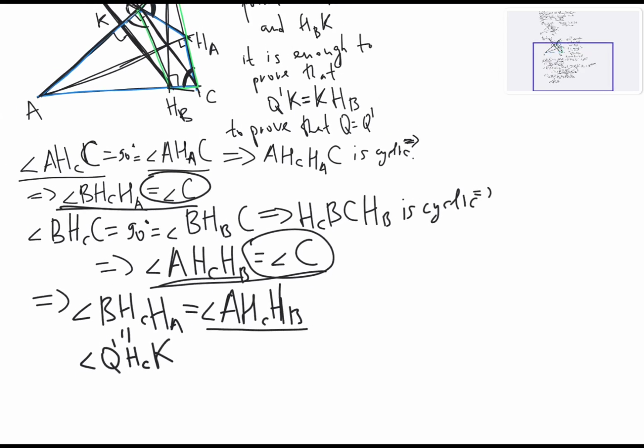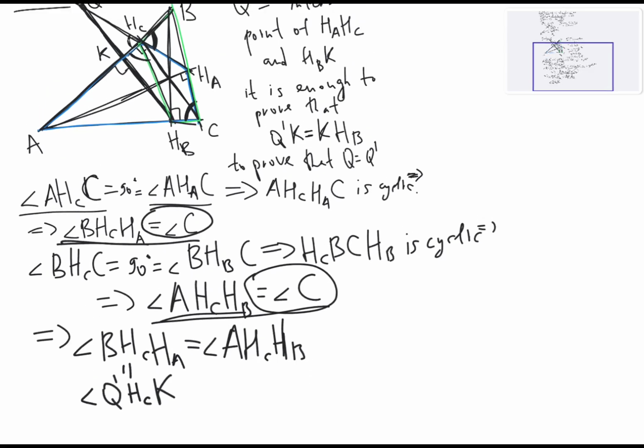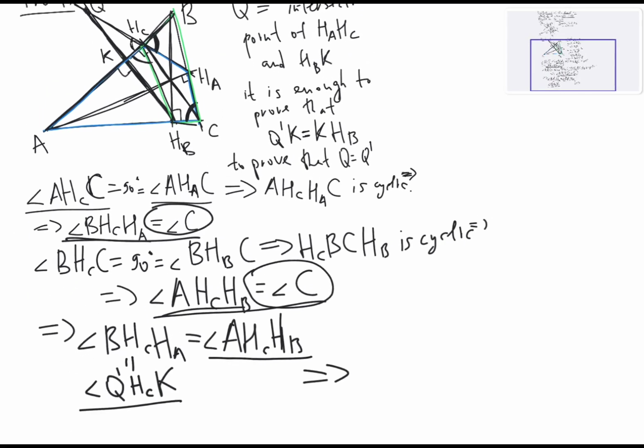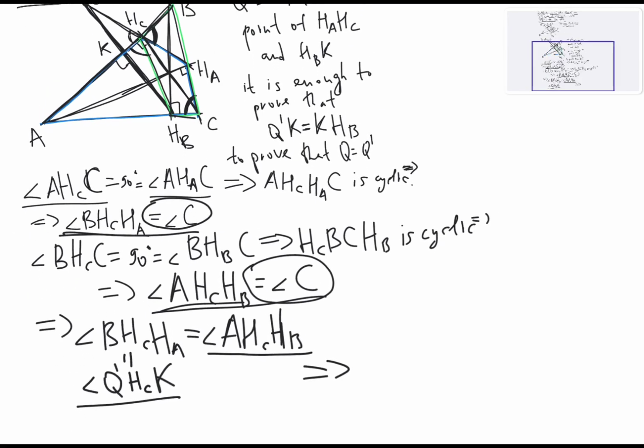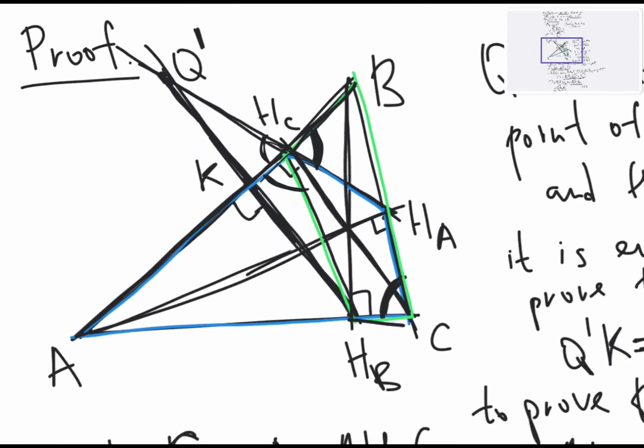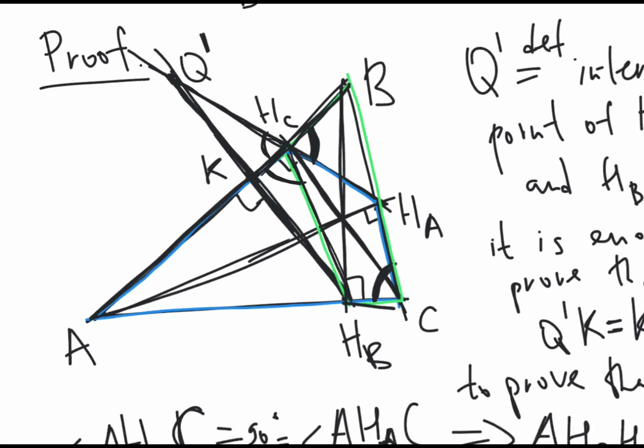Right, so therefore these two angles are equal to each other, and from this it follows that, well, it means that, so again on the picture, these two angles are equal to each other. This simply means that HCK is a bisector of this angle, right?